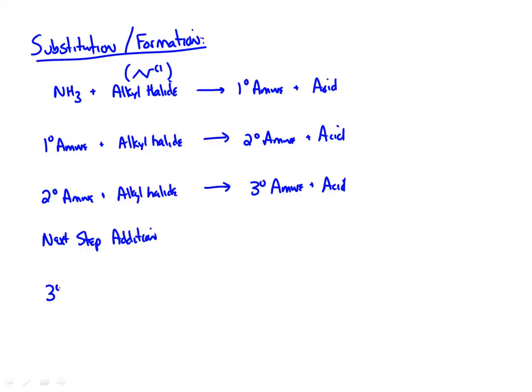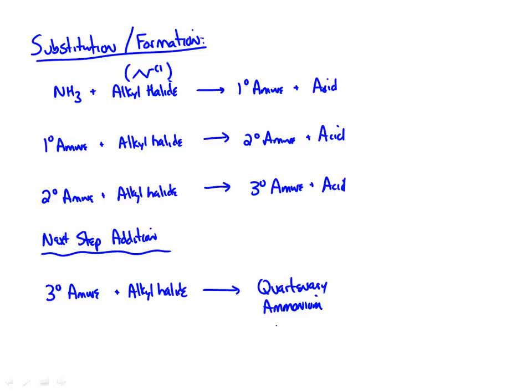And so if I take a tertiary amine and I add one more alkyl halide, then I can get what's called a quaternary ammonium salt.